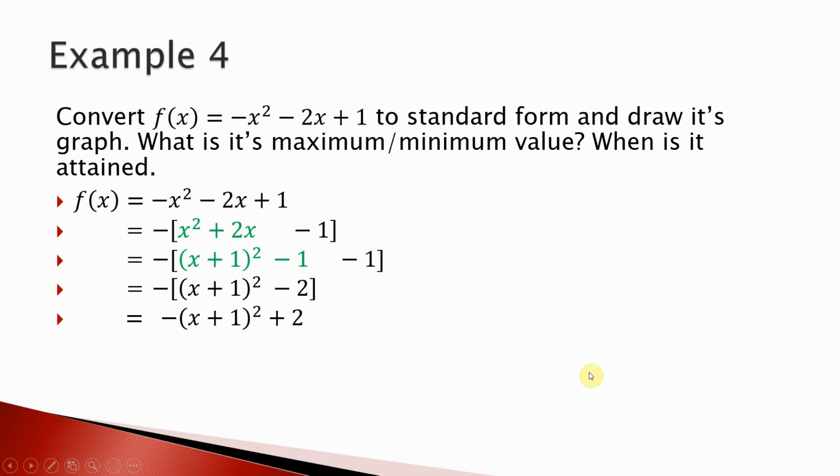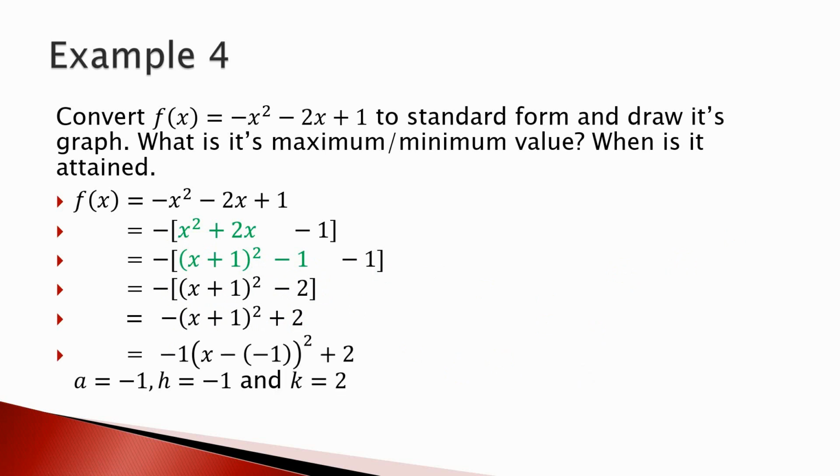Okay, so you have to write it in the exact standard form so that you can identify h and k. So here h is actually negative 1, and plus 2, so k is 2. So you have to write it as a difference, x minus something. Then a is negative 1, h is negative 1, and k is 2.